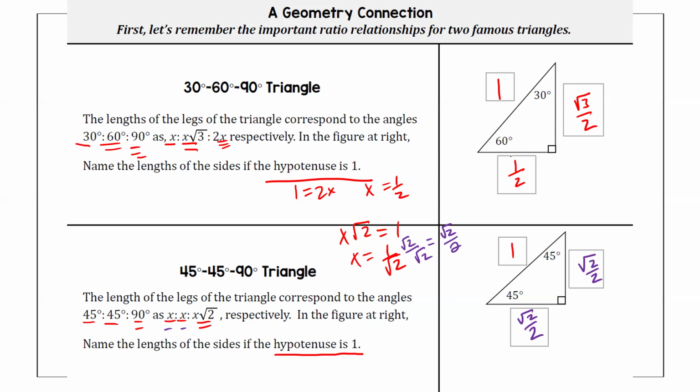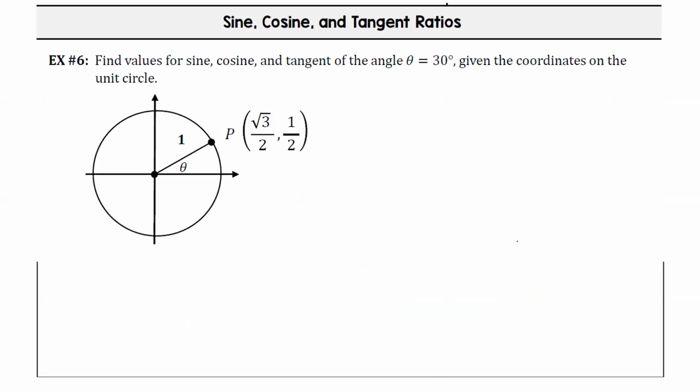So you can use these values to find your sine, cosine, and tangent of your 30, 60 triangles and your 45s. All right, so for example, here we have find the values for the sine, cosine, and tangent of the angle theta equals 30 degrees given the coordinates on the unit circle, okay?